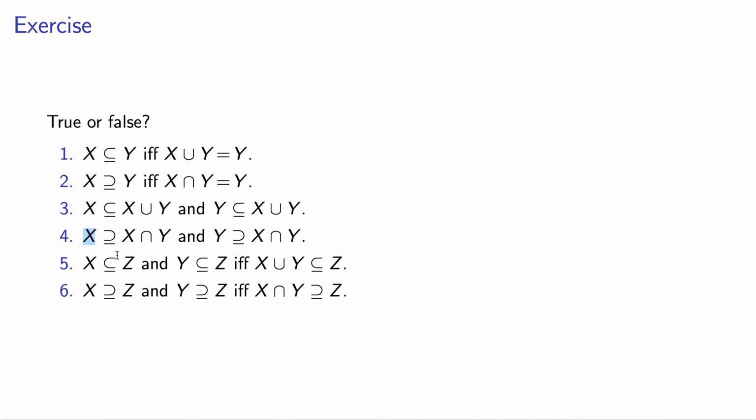I'm using the word smaller in an intuitive sense. And finally, the statement that establishes x union y as the least upper bound and x intersection y as the greatest lower bound.